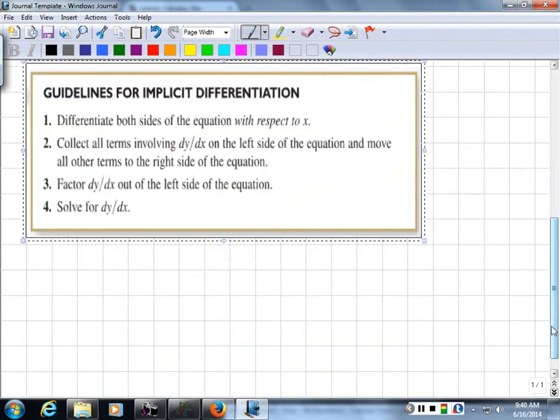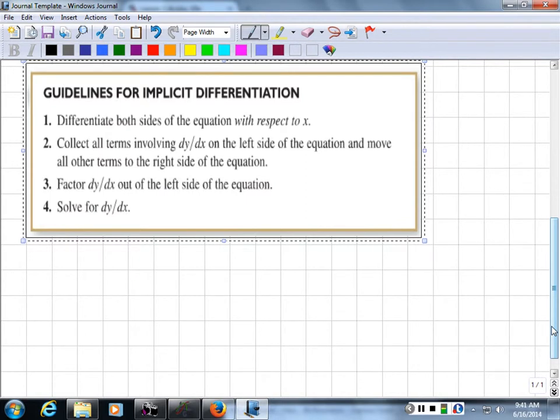We want to differentiate both sides of the equation with respect to x. We're going to collect all terms involving a dy dx on the left side of the equation and move all other terms to the right side. Then we're going to factor out dy dx on the left side and solve for dy over dx.